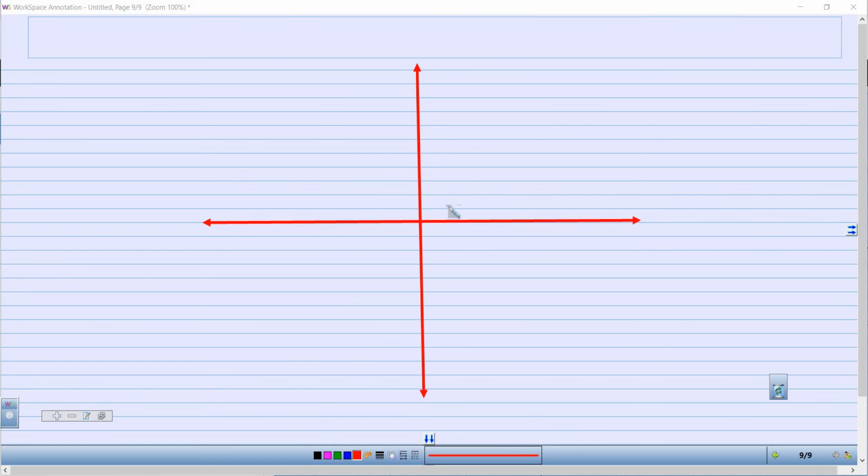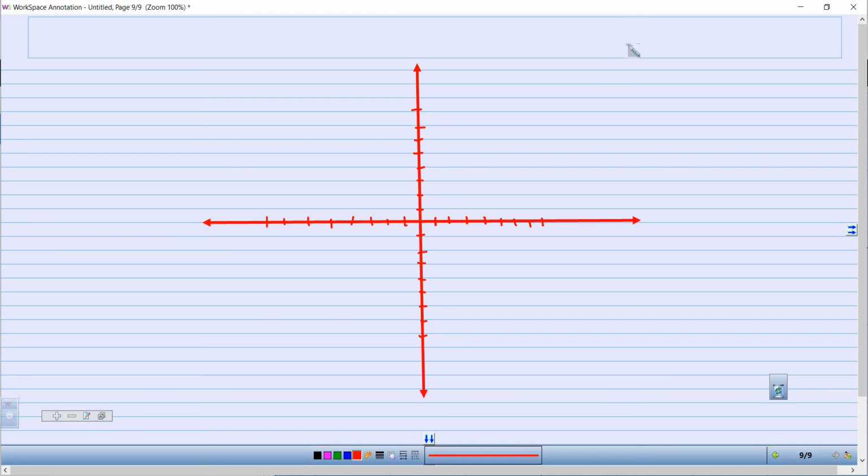Let me put some tick marks on here. 1, 2, 3, 4, 5, 6, 7, 8 in each direction.